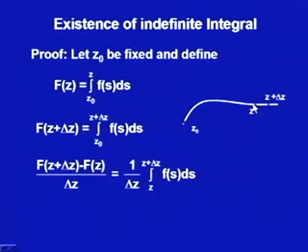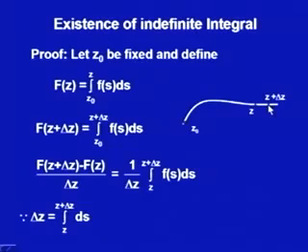Let us first see. From z to z plus delta z, the length of this path is only delta z. So now write the length of path formula. We get delta z is the integral over z to z plus delta z of ds. Now, f of z, that is at this point, is independent of all the points on this simple line from z to z plus delta z.